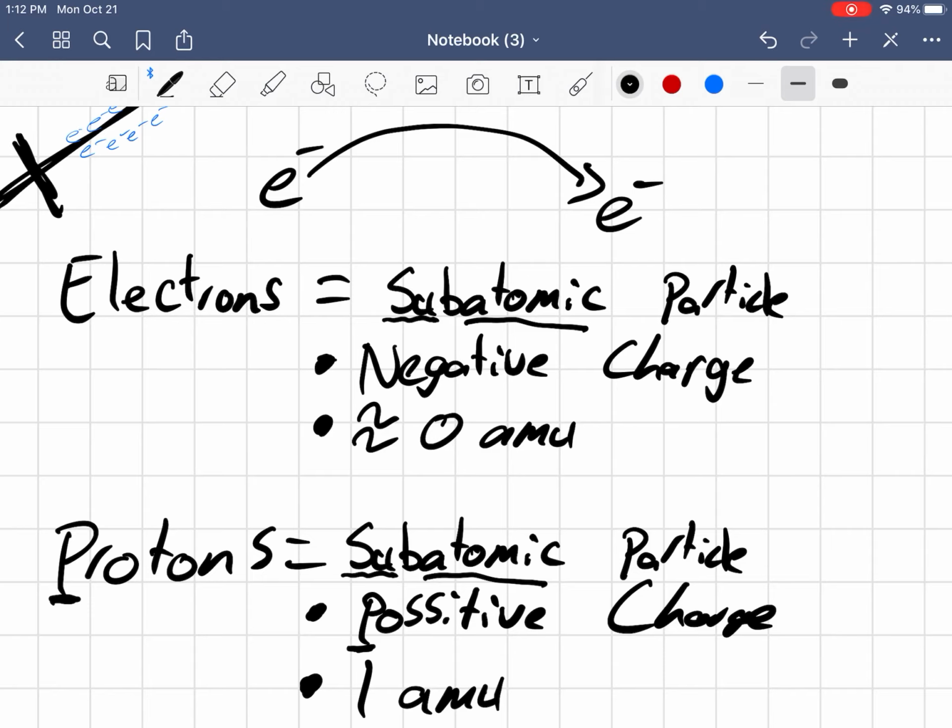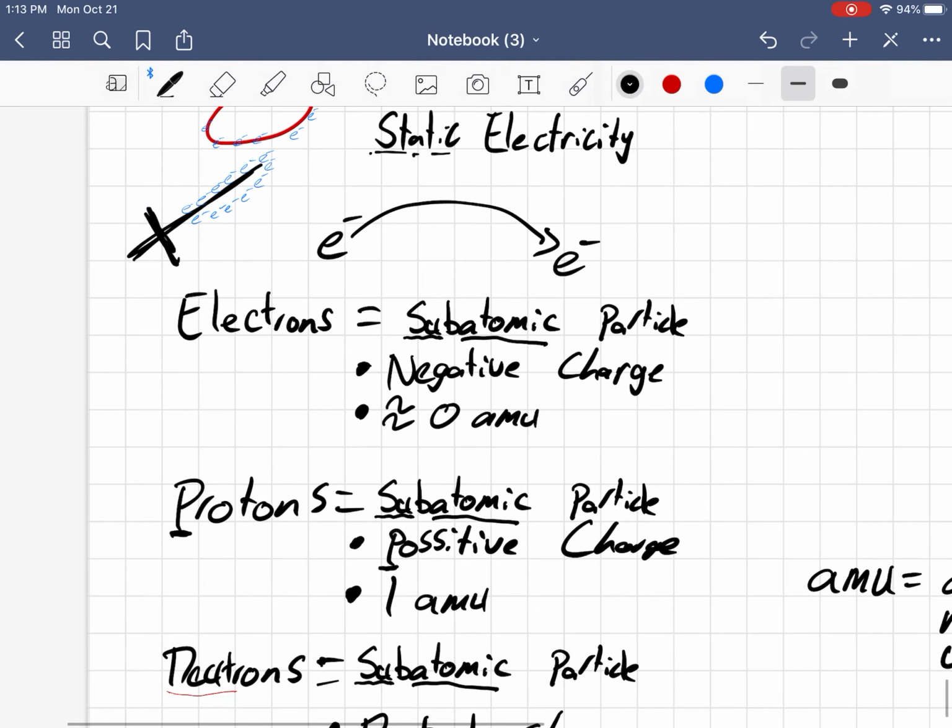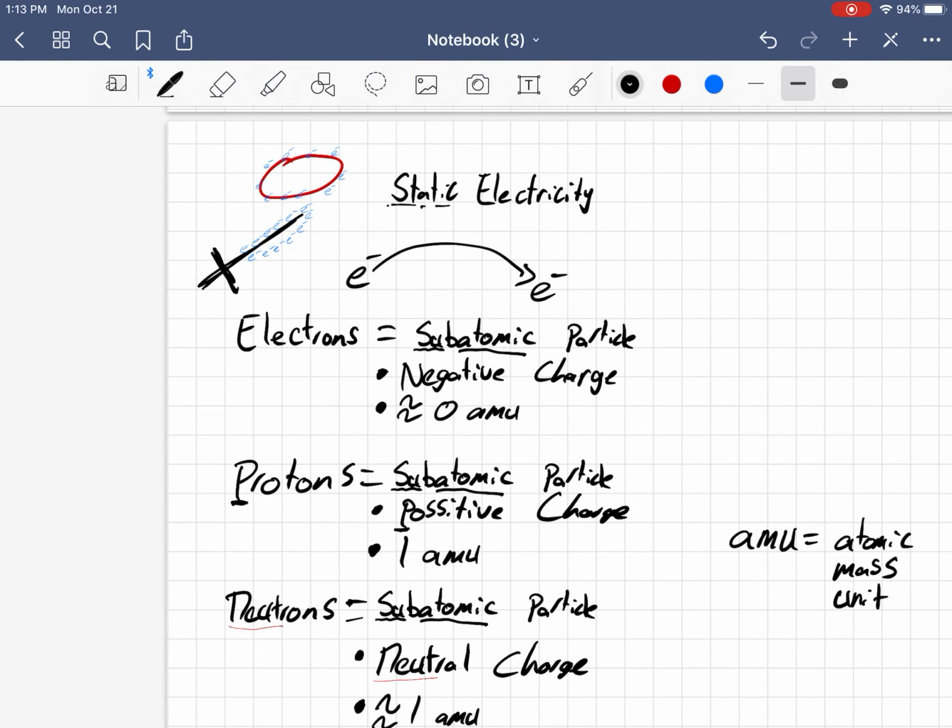Now, that doesn't mean that electrons do not have any sort of mass. They do, but it's a very small amount of mass, and so it doesn't really count towards anything. Okay, so we've got our subatomic particles here: protons, neutrons, and electrons.